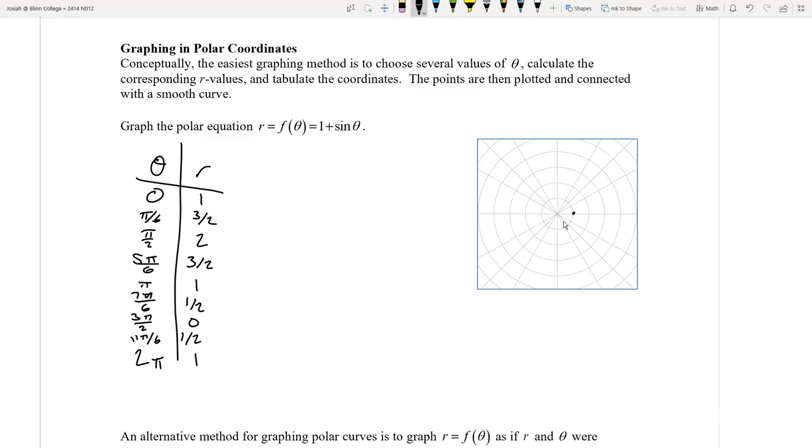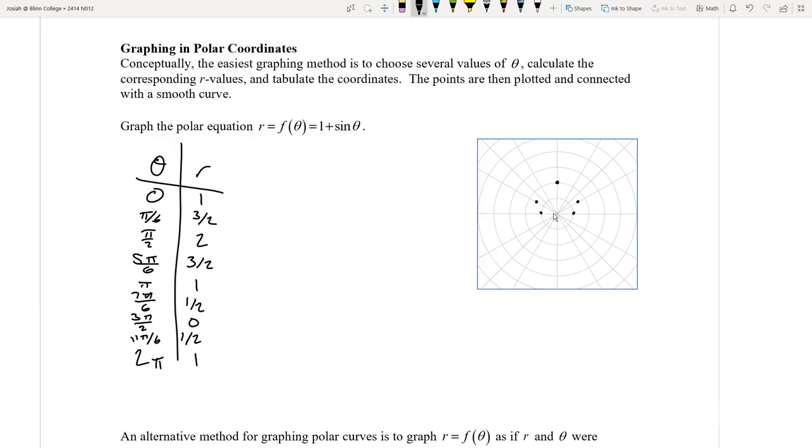So first we've got theta 0, r is 1. That puts us right here. Then we're looking at pi over 6, 3 over 2. So pi over 6 is this first line. It will be exactly halfway between the first and second circles here. Pi halves gives us 2. Then we'll basically do a reflection over here.